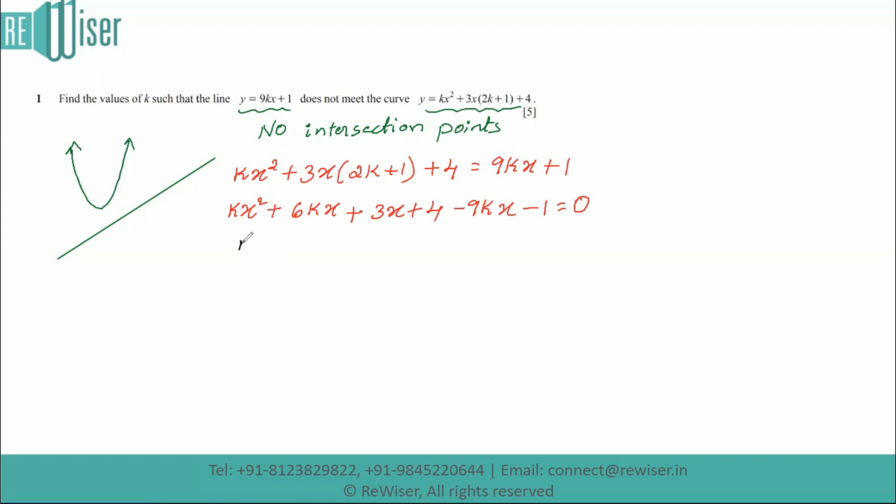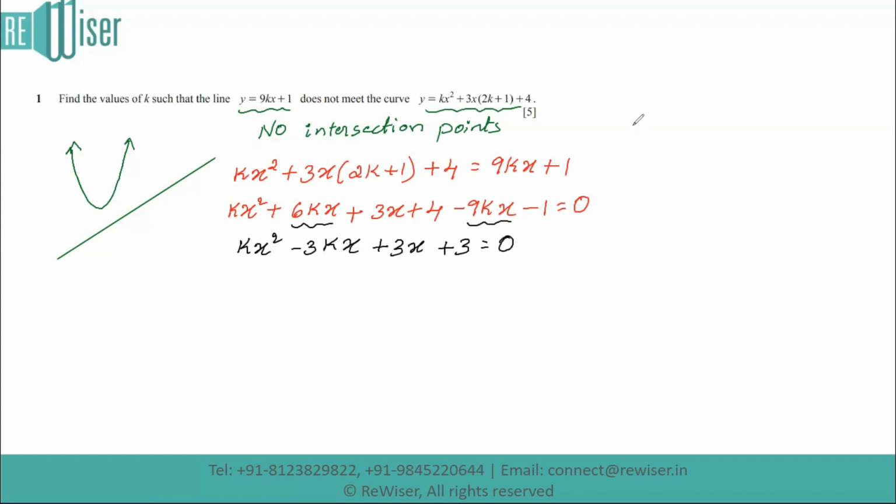Now this gives kx². Then 6kx and minus 9kx would be minus 3kx, plus I have just 3x. Then 4 minus 1 is 3, equals 0. Now this needs to be compared with the quadratic equation.